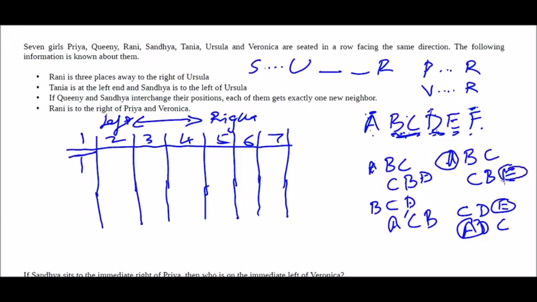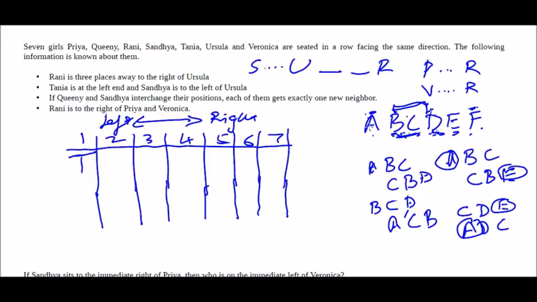A gets 1 new neighbor. B gets 1 new neighbor. So this scenario is also possible if they are separated by 1 person. If they are separated by more than 1 person, whichever place they go, they will get 2 fresh neighbors.